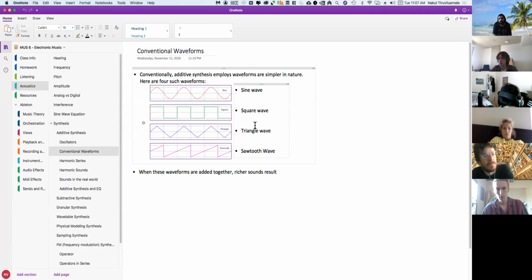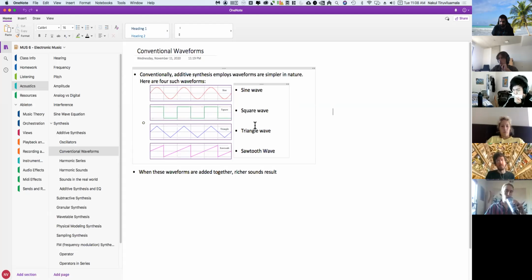Depending on the mode of the thing that's spinning, you can get many different waveforms that result. For instance, a sine wave is a very special kind of wave. If something is spinning in a perfectly regular manner in certain conditions, you will get a sine wave.